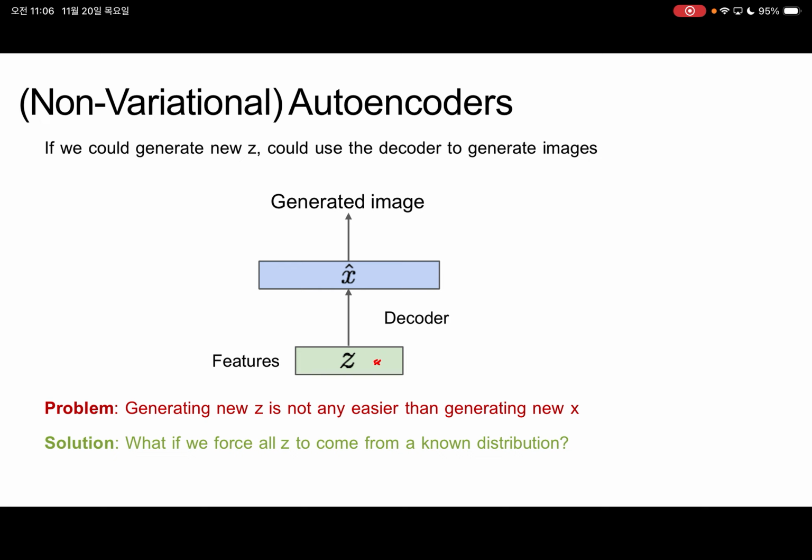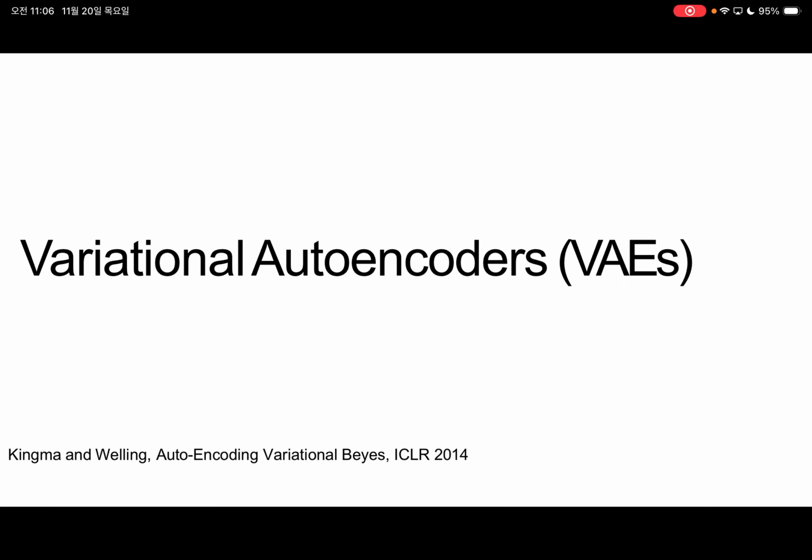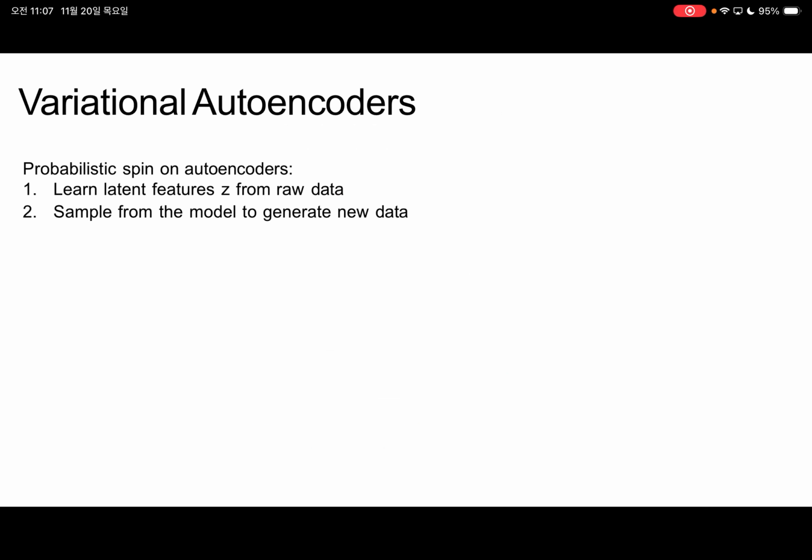It can take any arbitrary numbers, right? But if we can make it follow a known distribution, like a normal Gaussian distribution, then we can sample latent Z from the normal Gaussian distribution, and then use the pre-trained decoder to generate an image, right? That is where VAEs come from.